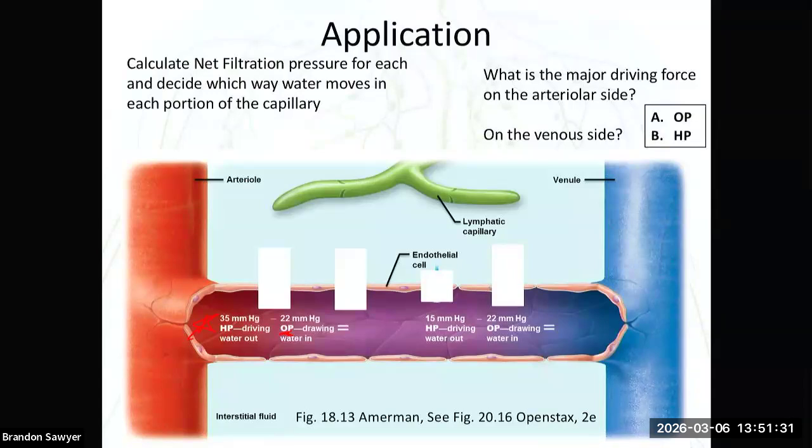You can go ahead and answer this question here on your clickers with these answers. But yeah, calculate those two pressures. You have the net filtration pressure on the left side, and then again on the right side. Then you can answer that question on the right there that I circled on your clickers, but answer them both with the people next to you.